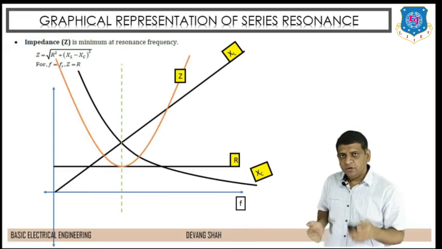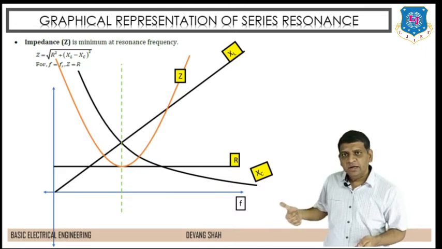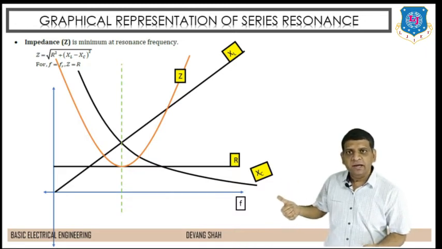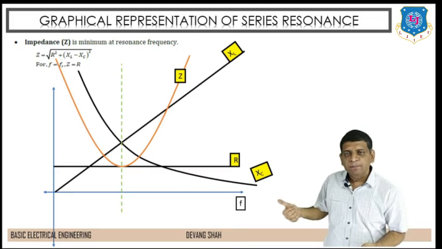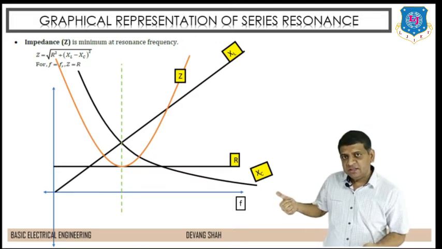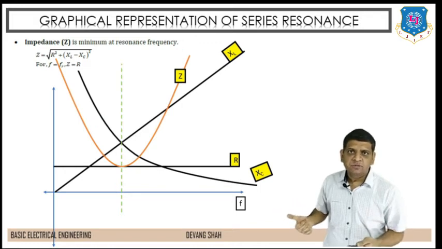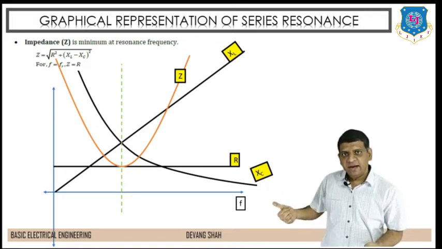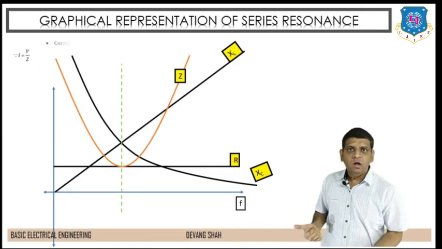You can see the green dotted line is defined as my resonant frequency line, where it touches the graph of R, and that is my impedance Z. So at fr, at resonant frequency, Z is equal to R, right?